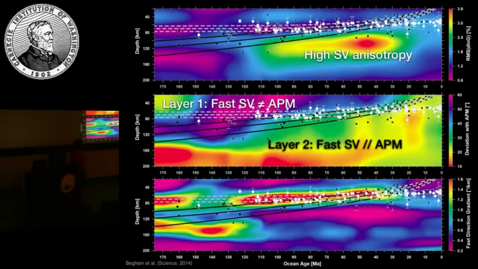Another way to look at this was to calculate the gradient of the fast seismic direction. Where it's red is a depth at which the phase direction changes really a lot, very quickly, and purple are depths where the phase direction just doesn't change with depth very much. So you see a high gradient around 150 kilometers depth.